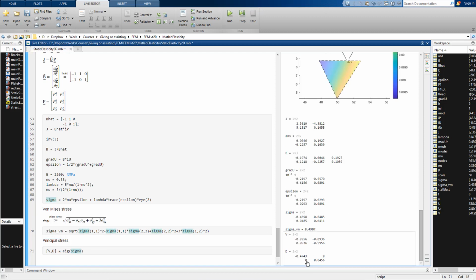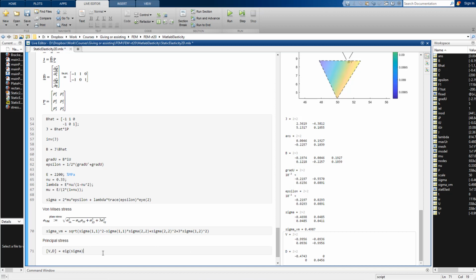And I get the principal stresses here, and the principal directions here as well. And I believe this is the first and this is the second. Could be wrong.